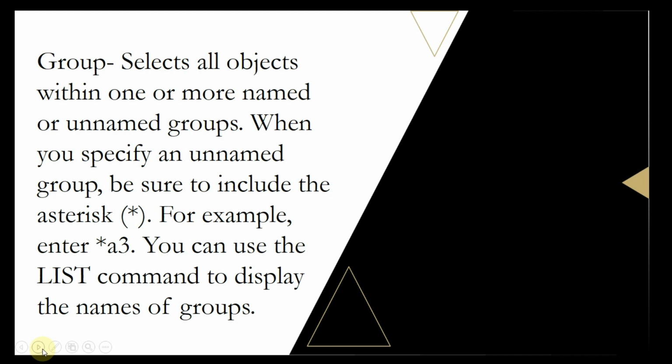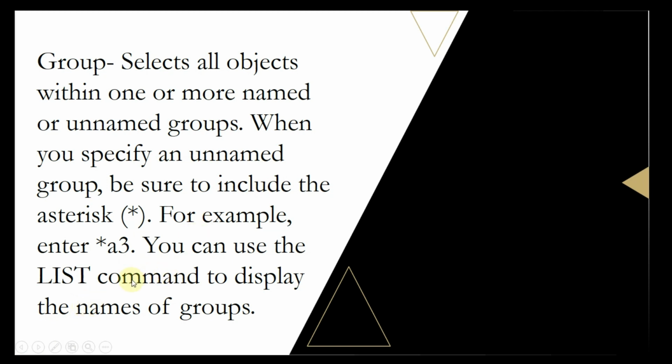Diba? Asterisk A3. So ganun. You can use a list command to display names of group, kung gusto mong i-group yung bawat object, no? Para alam mo kung alin yung buburahin mo. Halimbawa, pag na-specify mo na siya ng name, pwedeng i-type mo na lang kung ano yung name ng group para yun lang yung buburahin mo. Okay, I'll show you an example.